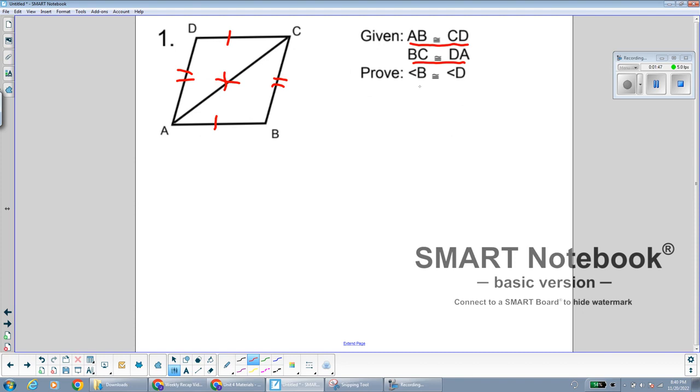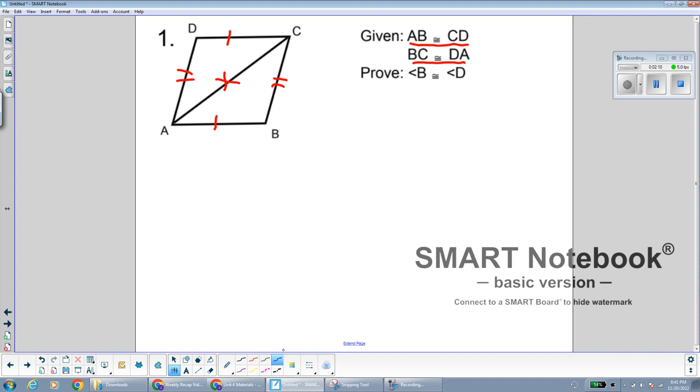So taking a look at my proof statement, I want to prove that angle B is congruent to angle D. Angle B and angle D are in the same position, the same spots of the two different triangles. So angle B and angle D are corresponding angles of the triangles that they are in. I want to prove corresponding angles are congruent.